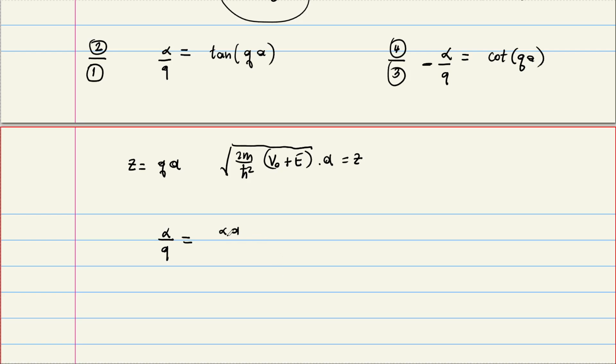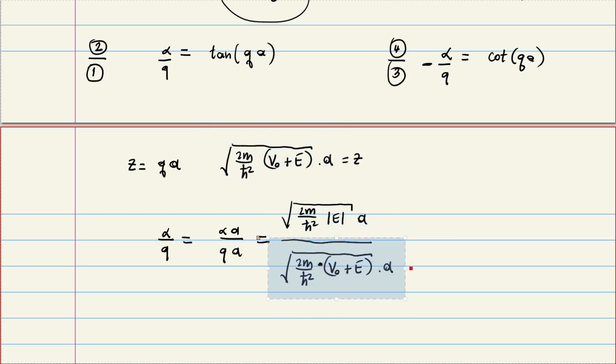So alpha over q is equal to this. Let me multiply both numerator and denominator with a, q times a, and this is going to be, alpha is 2m over h bar squared e times a, divided by this entire thing. What did I find? So this denominator is what we call z, right?